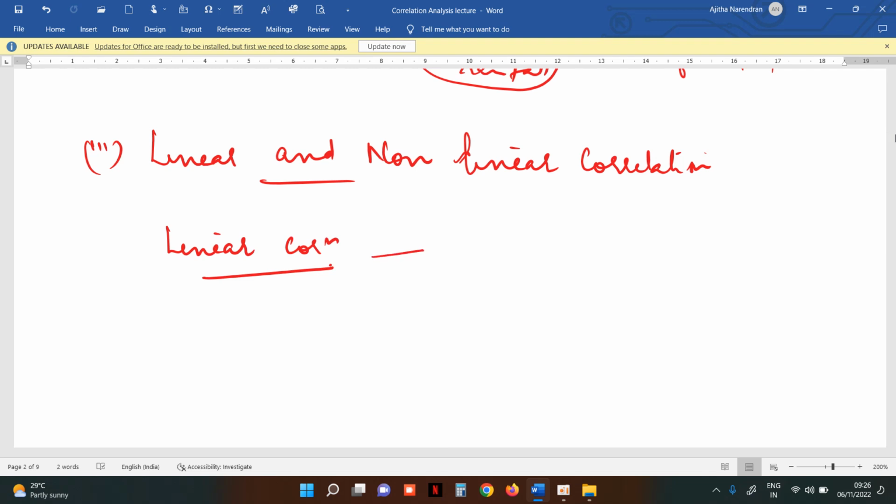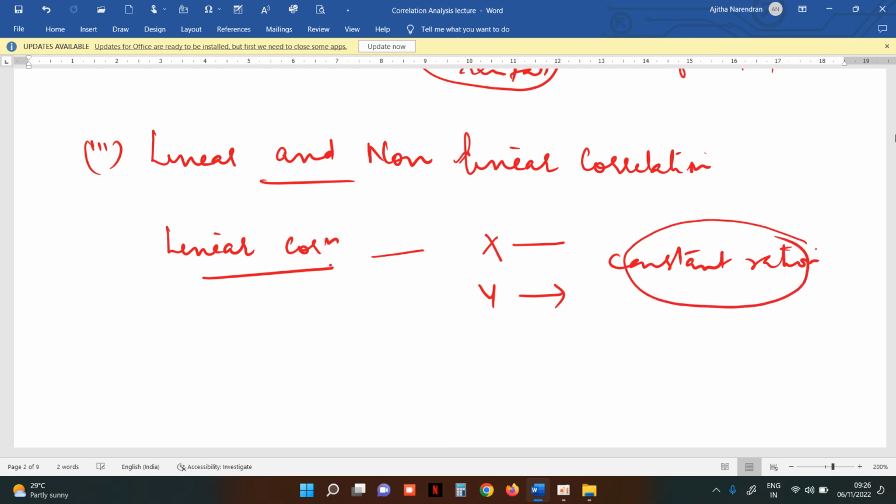If there is a change in x, you can witness that x and y are changing in some constant ratio. When there is a change in x as well as variable y in a constant ratio, it is known as linear correlation.